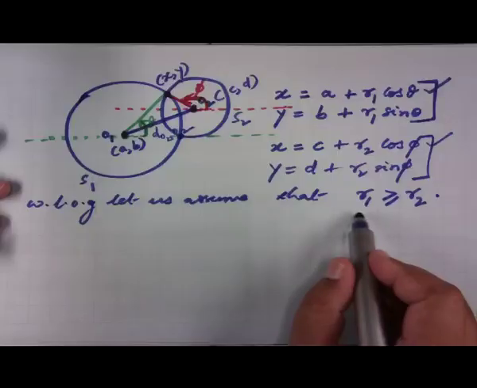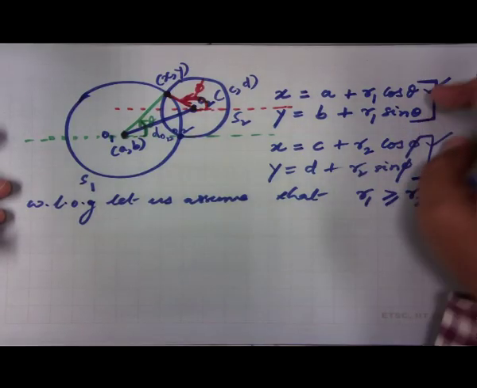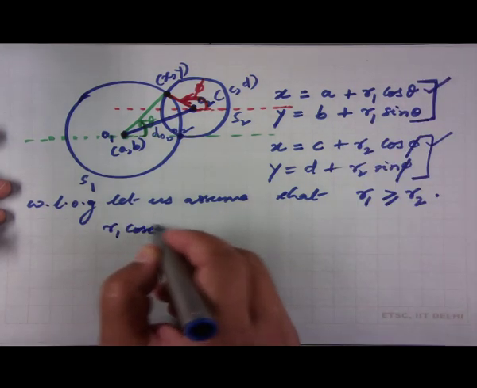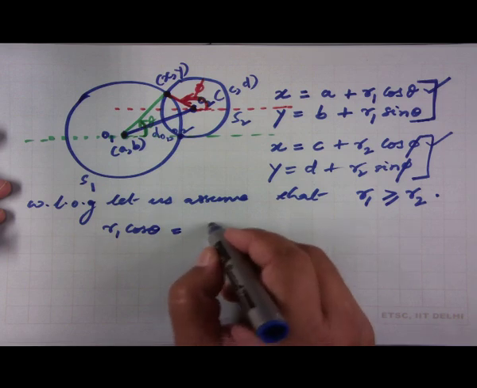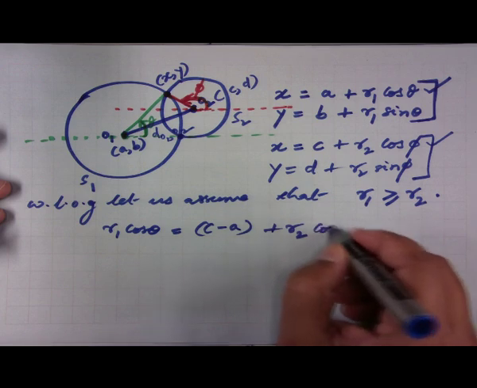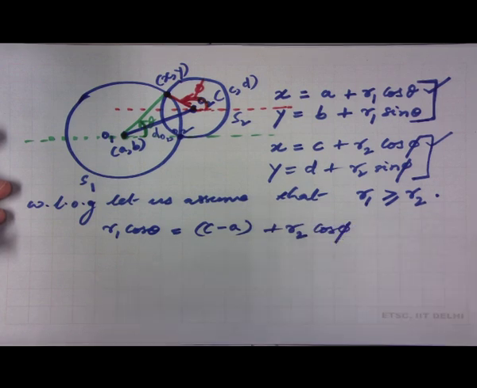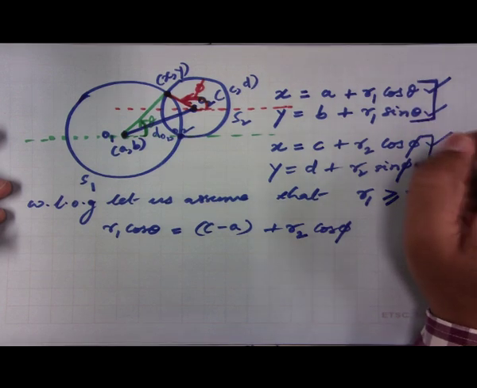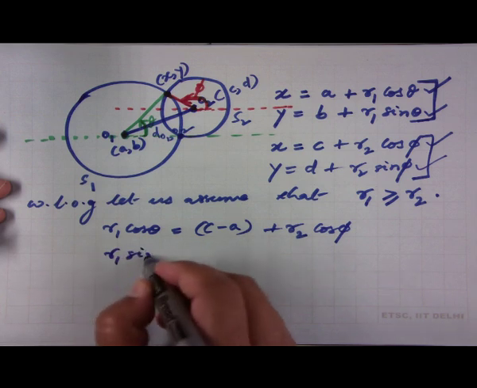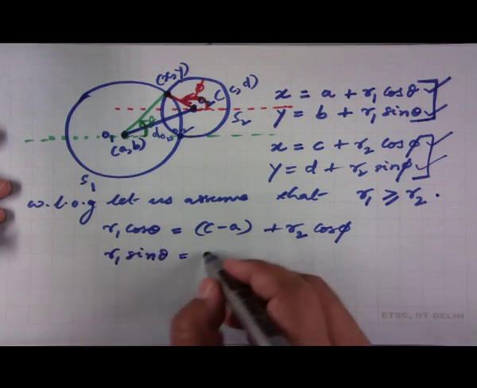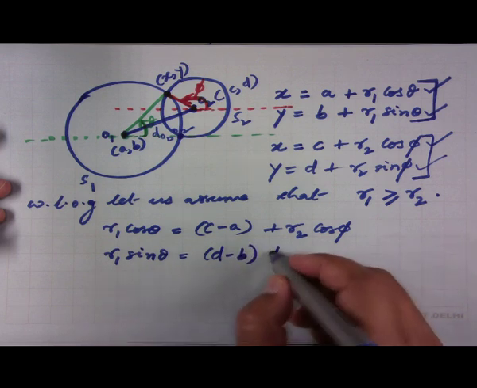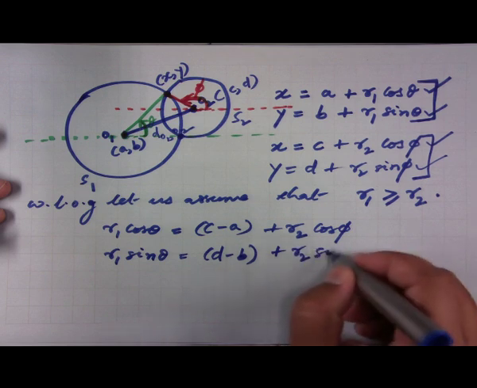So, with this assumption, by equating this and this, what we actually get is r1 cos theta is equal to c minus a plus r2 cos phi. And similarly, if we equate this and this, we get r1 sin theta is d minus b plus r2 sin phi.